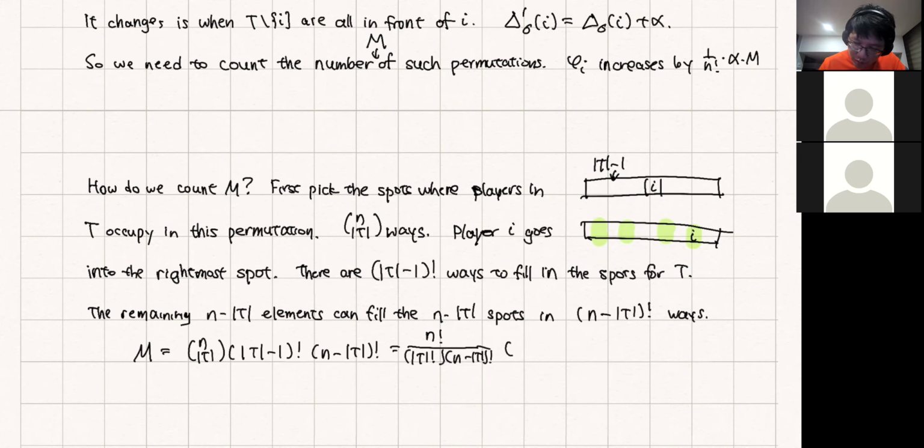And we still have T minus 1 factorial times n minus T factorial. These cancel out, and T minus 1 factorial over T factorial ends up just being 1 over T. So this is actually n factorial over size of T.